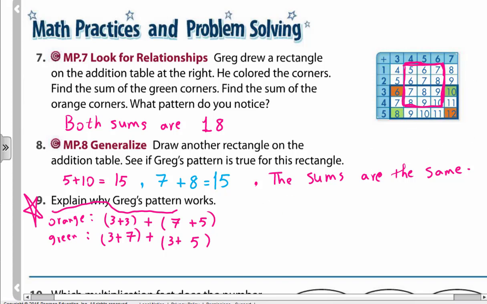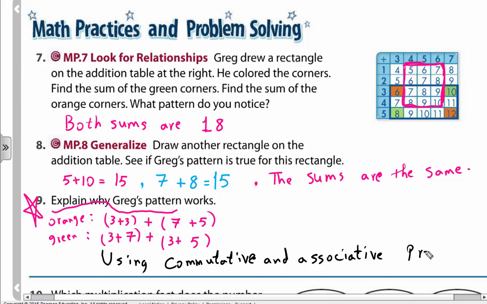So simply we can write down here that we are using commutative and associative properties.